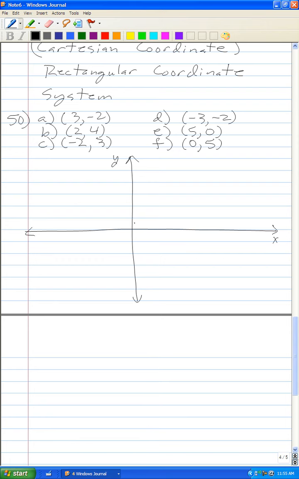Okay, so let's do this. 1, 2, 3, 4, 5. Oh, we can actually go to 5, I think. Make them a little bit bigger. So let me label everything.